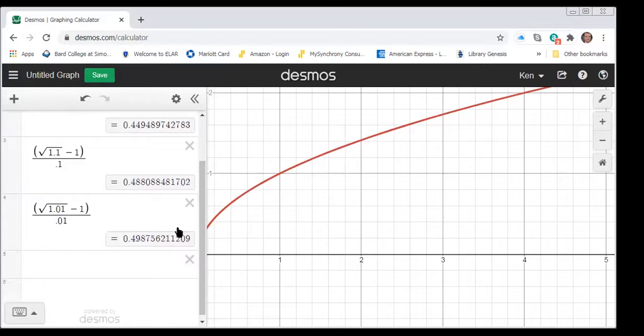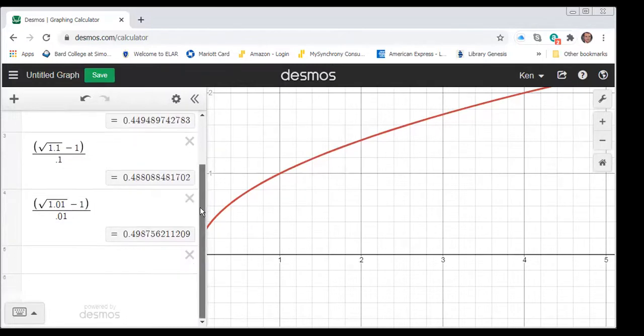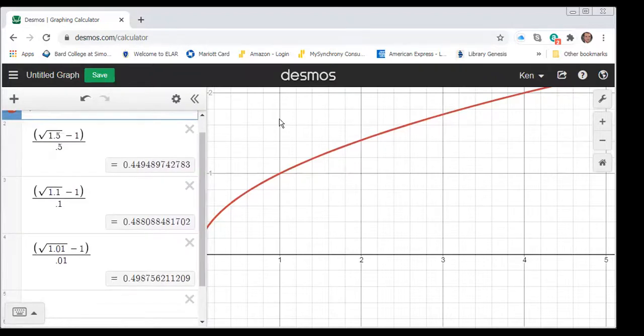Finally, for the average rate of change from 1 to 1.01, I have to take the difference in y values, that's root 1.01 minus 1, divided by 0.01. Here I'm getting 0.498756, and so on.